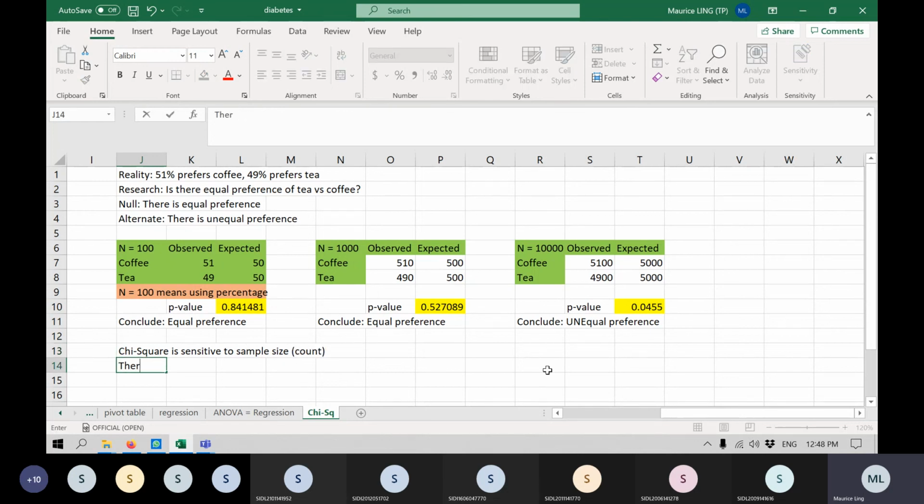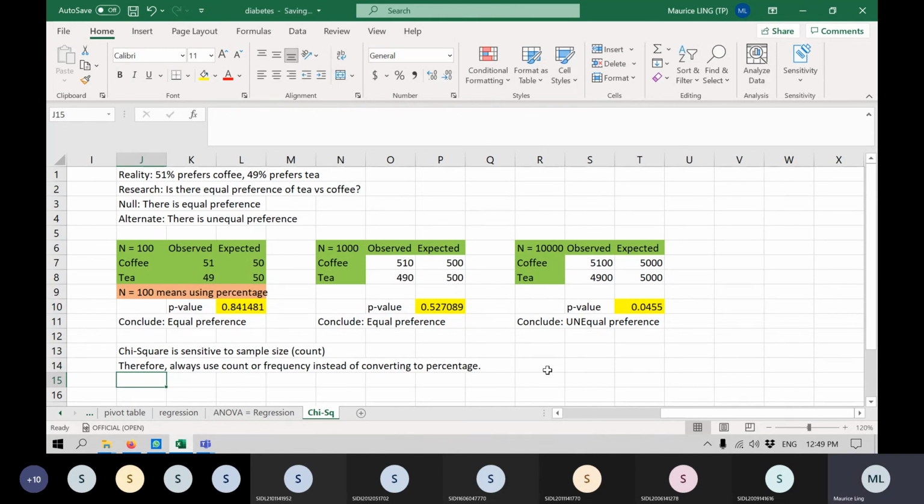Therefore, always use the count or frequency instead of converting to percentage. If anybody in future tells you that you can use percentage, please show them this example. You cannot use percentage, you have to use count.